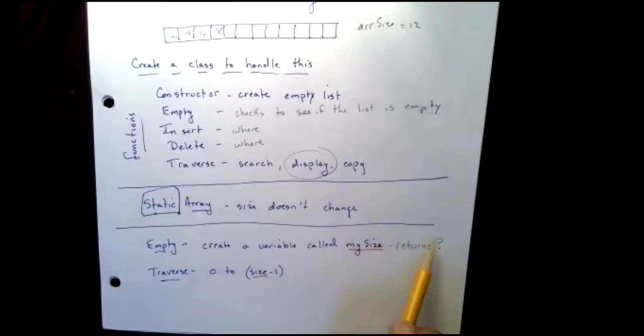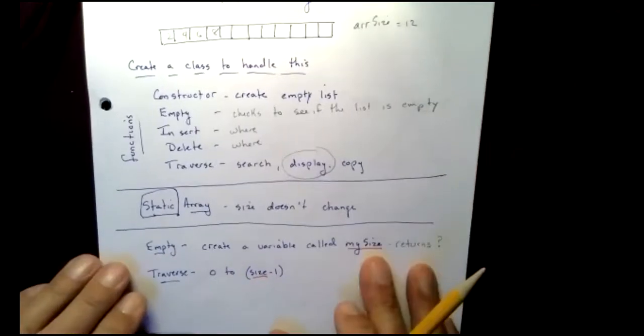What's it return? We said we're going to return a Boolean to find out if it's empty or not. If I'm going to traverse, so I'm picking off the easy ones. If I'm going to traverse, I'm going to go from 0 to size minus 1, or we called it array size. We're going to dictate that in a moment.